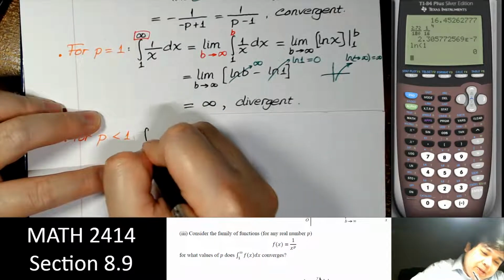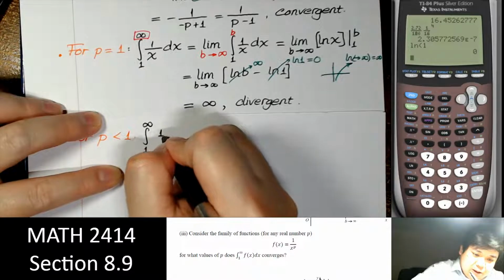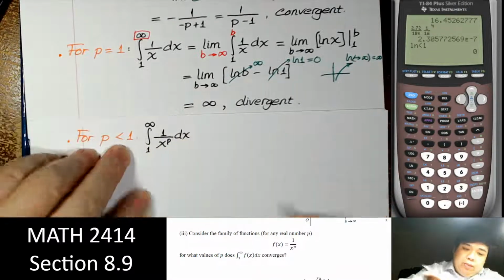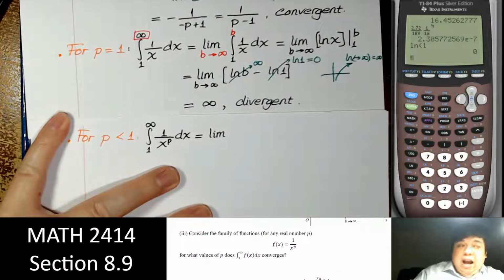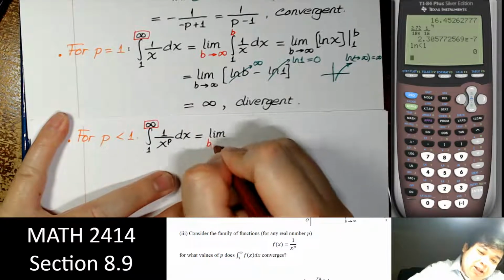Still doing this: before we do anything, we have to change the limits. The upper limit, let that be b.